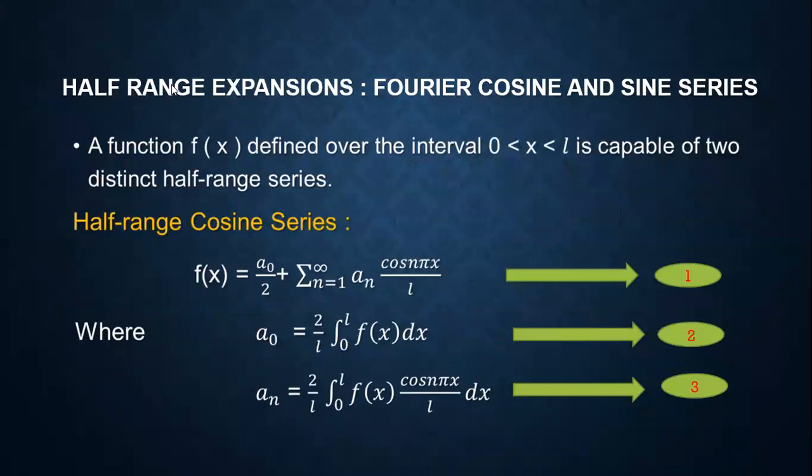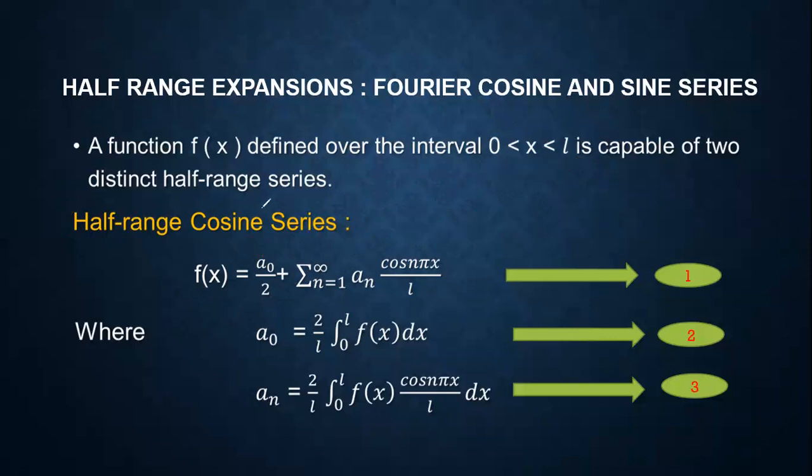Now we will see how the Fourier cosine series and sine series can be represented. The function can be represented over the interval 0 to l. For the half range cosine series, it contains only the cosine terms, that is, f of x with bn equal to 0, containing only a naught and an.